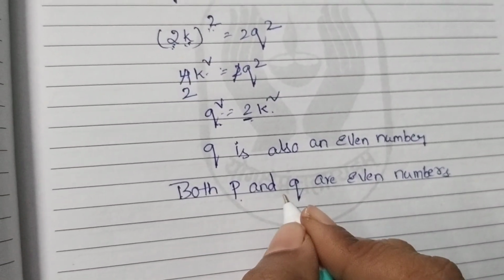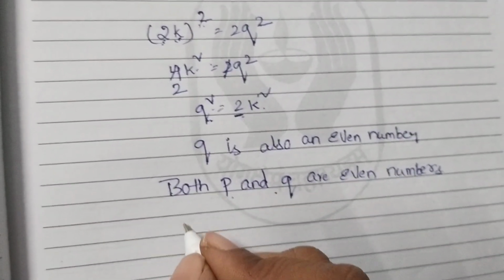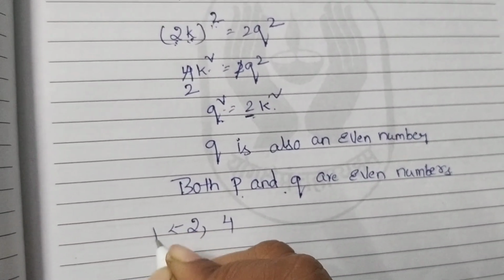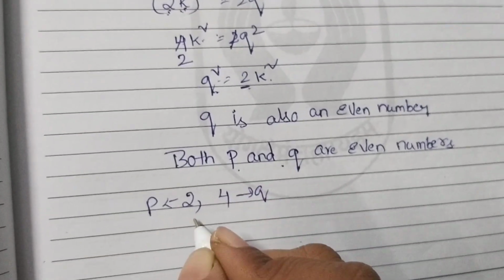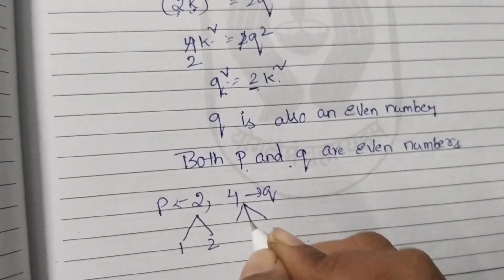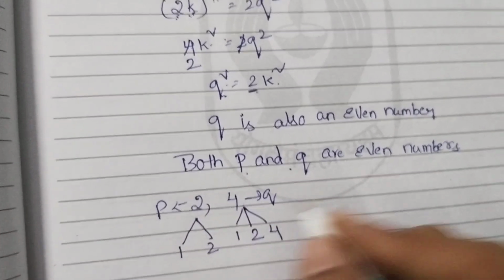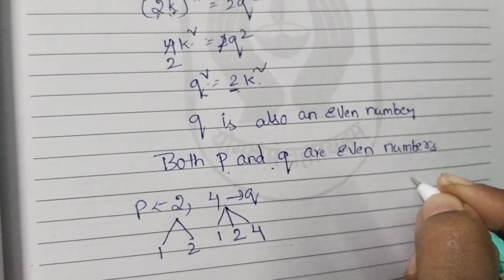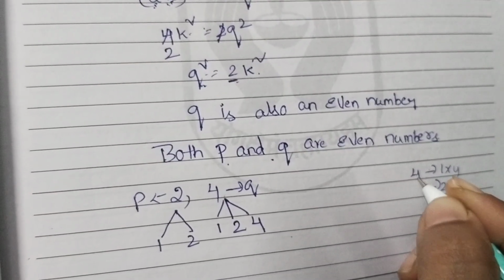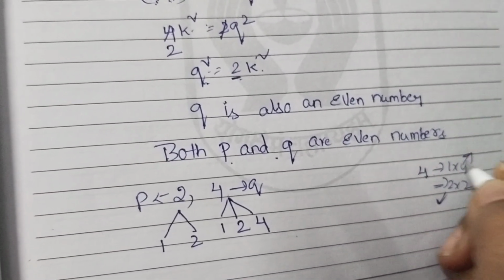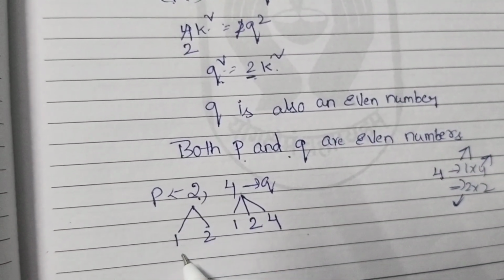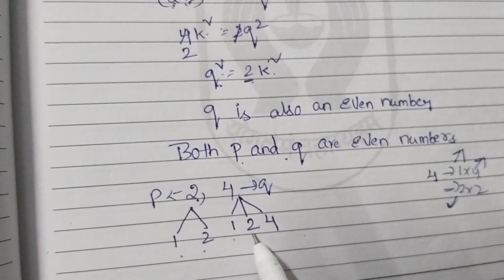If p and q are even numbers, they will have common factors. We'll see. Let p be 2 and q be 4. What are the factors of 2? 1 and 2. What are the factors of 4? 1, 2, 4. Factors of 4 means 1 into 4 is 4, and 2 into 2 is 4. So 1, 2 and 4 are factors. p has factors 1 and 2. q has factors 1, 2 and 4.